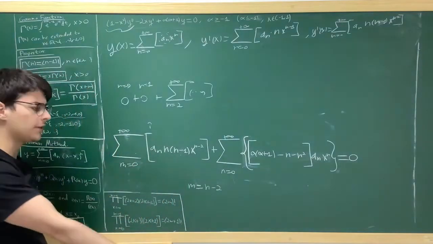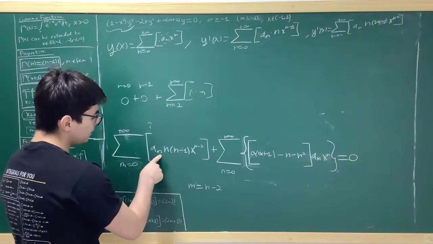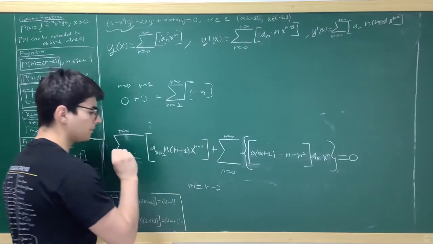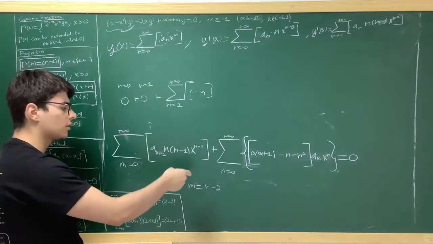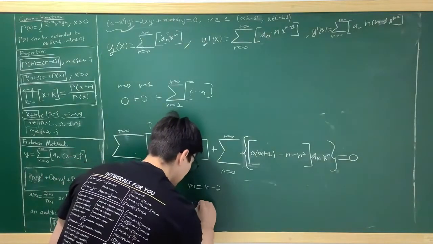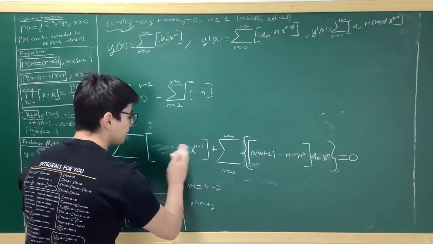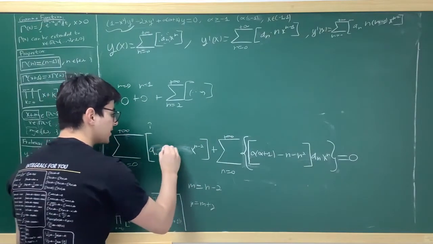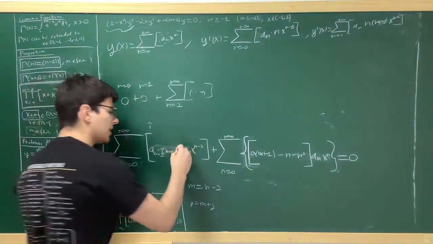When n goes to positive infinity, m also goes to positive infinity, so this is fine. Well, a n becomes a n plus 2. n here becomes n plus 2, and n minus 1 becomes n plus 1.